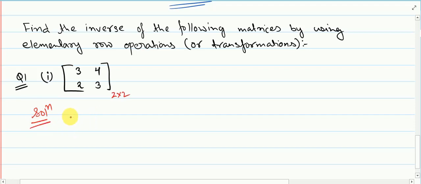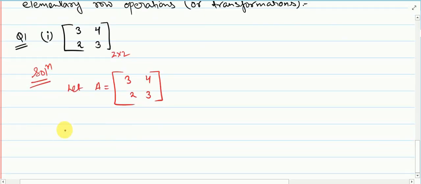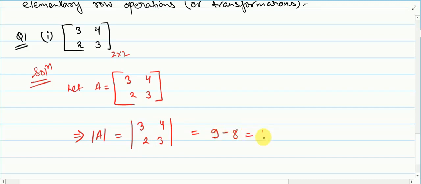Solution: let A be this given matrix. This implies that the determinant of this, 3, 4, 2, 3, is 3 threes are 9 minus 2 fours are 8. It's coming 1, which is not equal to 0.